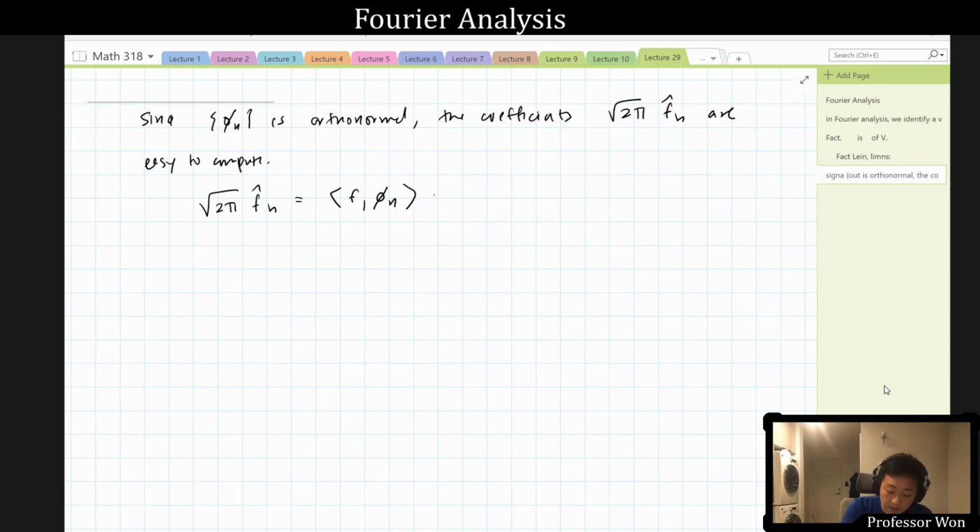Okay, so this is, of course, just the integral from 0 to 2 pi of f of x, and then e to the negative i n x, I need to take the conjugate, dx, which means that f n hat is just, I want to interpret with phi n, so I need another 1 over root 2 pi here, e to the negative i n x dx, which means I just divide by another root 2 pi and get the scalar.